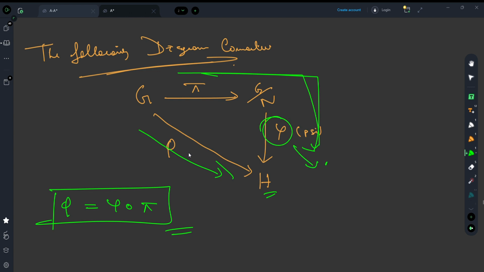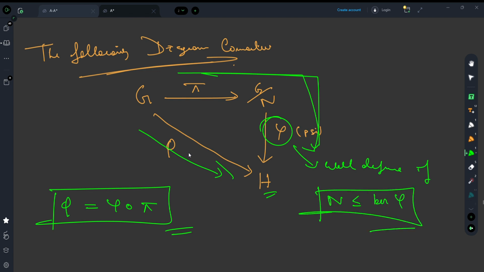But this map is well defined if n is contained in the kernel of phi. Keep this in mind: a map from a quotient group to a subgroup is well defined if the modulus of the quotient group is contained in the kernel of the map, the kernel of the homomorphism. So this is a homomorphism.